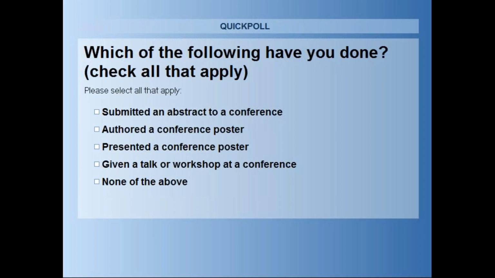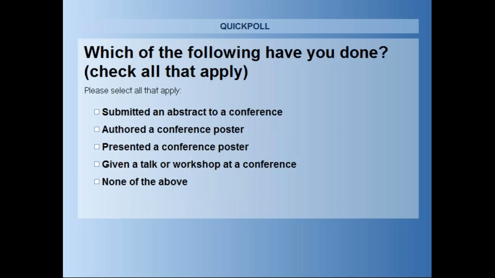So I see the results rolling in. It looks like 70% of you have submitted an abstract to a conference, 50% have authored a conference poster and presented a conference poster, 30% have given a talk or a workshop, and 20% are none of the above, or about 18.